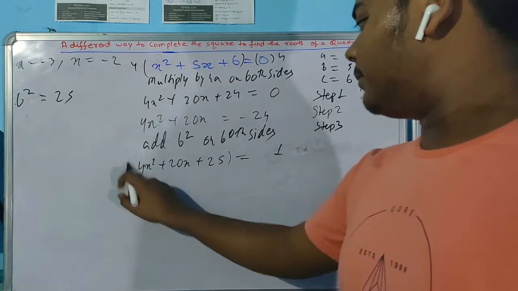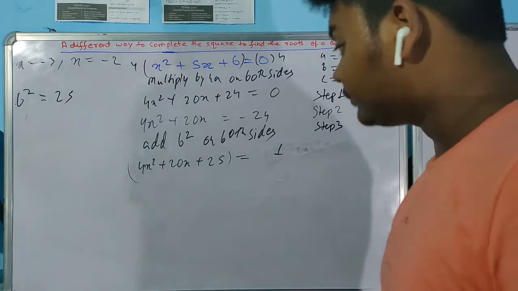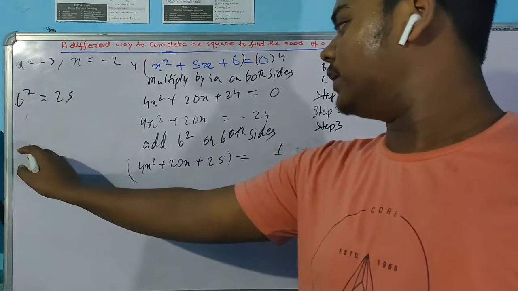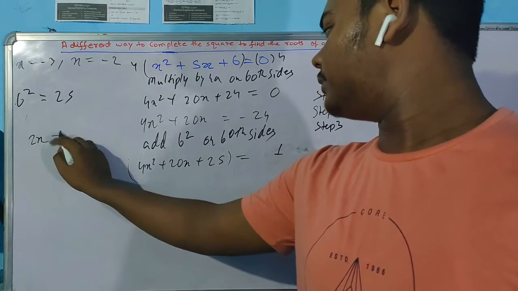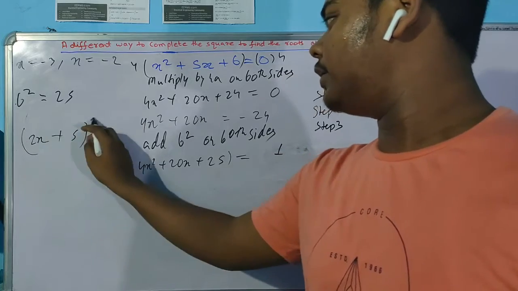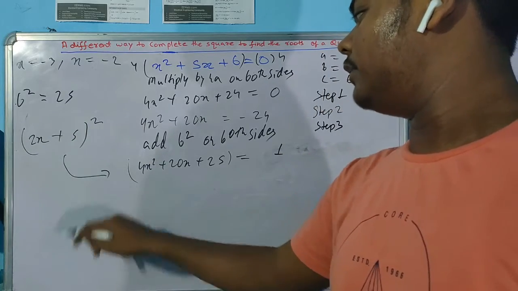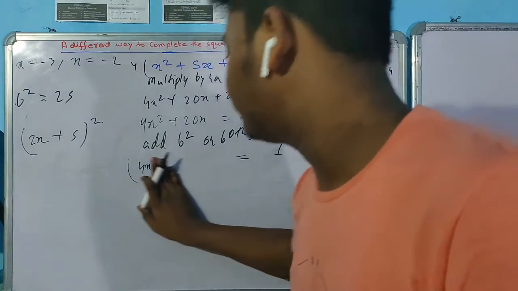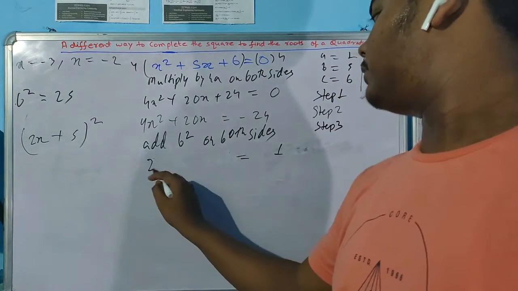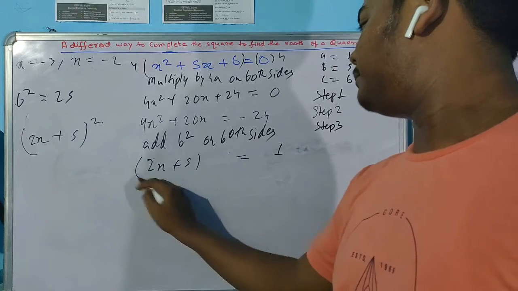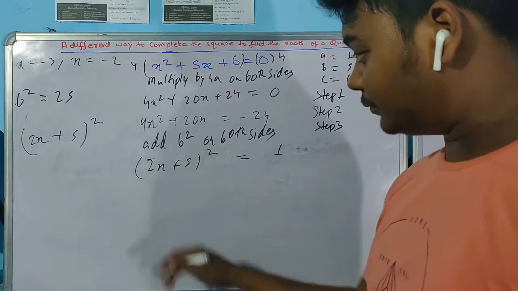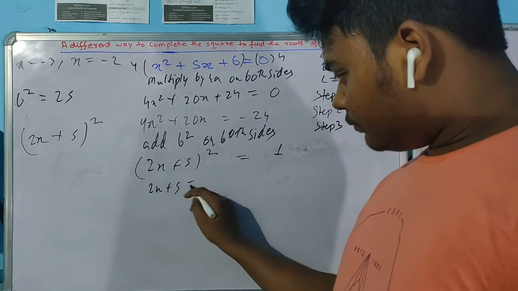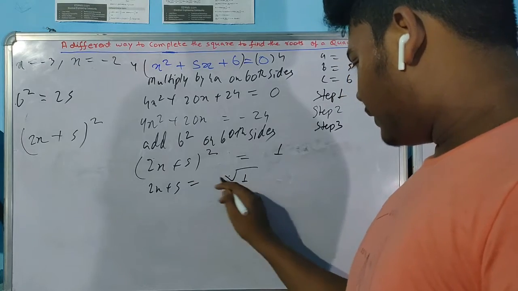So now we can complete the square of this equation. This is looking like 2x plus 5 whole square, because when we solve this we will get this, right? So I am just writing here that equation: 2x plus 5 whole square. Now let's send the radical over here.